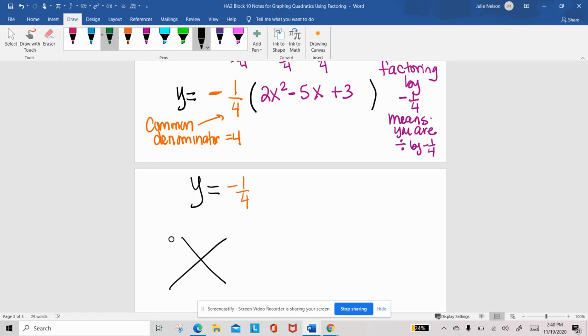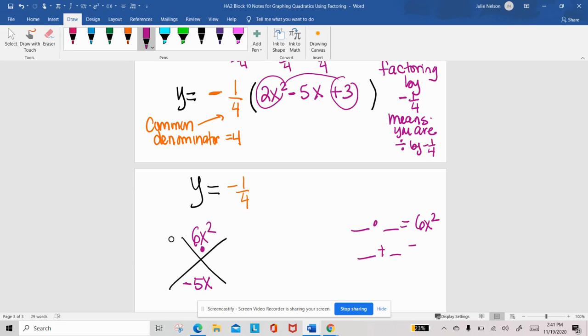So I'm going to multiply the first term times the last term, and I get 6x squared. And the middle term is negative 5x. So I'm going to ask myself, what times what makes 6x squared, and those same values add to negative 5x? So that happens to be negative 3x and negative 2x. Be careful because sometimes our brain thinks negative 5 and 1.